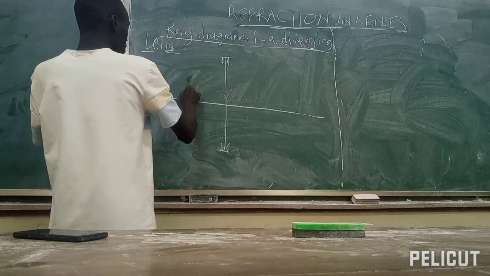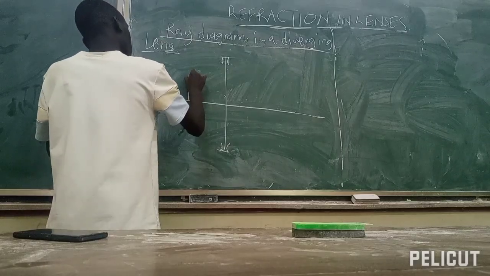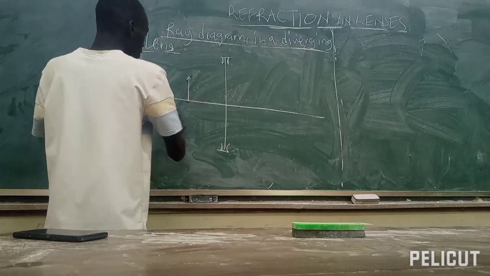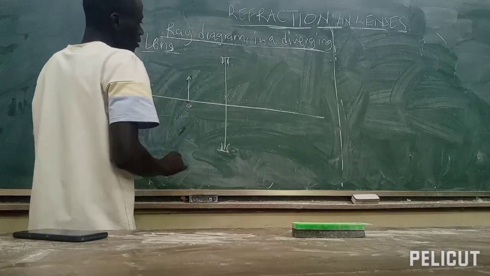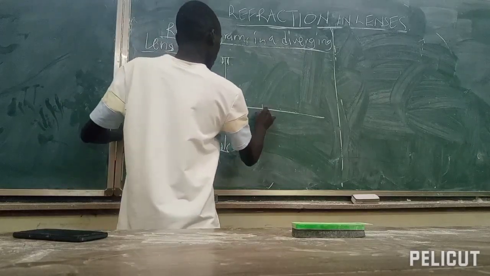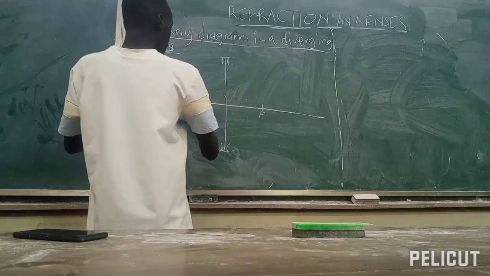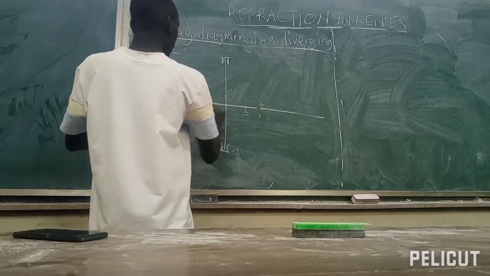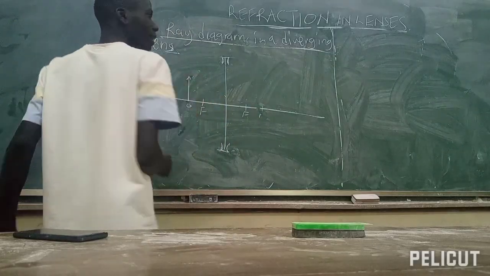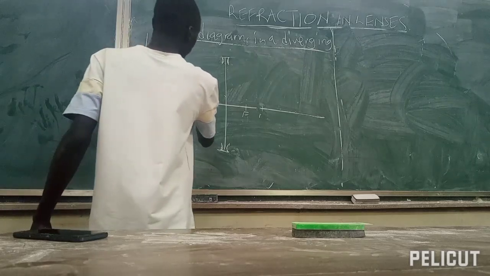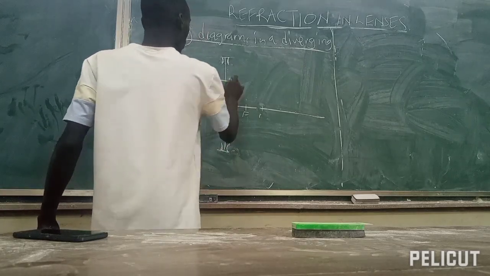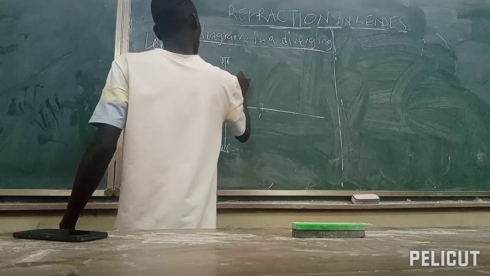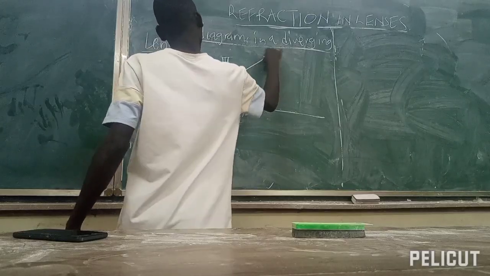So when you put objects at any point, for this case, understand the matter. This is my F. So we say these lenses diverge the rays. A ray that is parallel to the principal axis will be diverged like that.